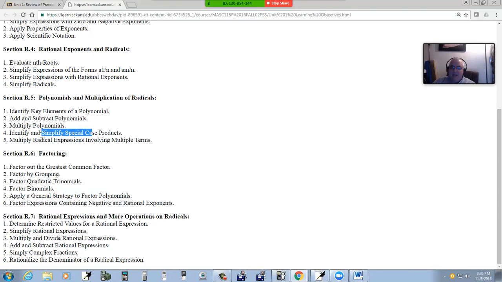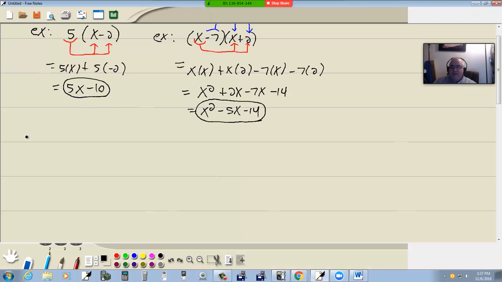Now, special case: identify and simplify special case products. So let's talk about those. If you have 3x minus 1 squared, for example. Now earlier, I said that if everything inside the parentheses is either multiplication or division, and you're raising the parentheses to a power, you can apply that power to everything inside.